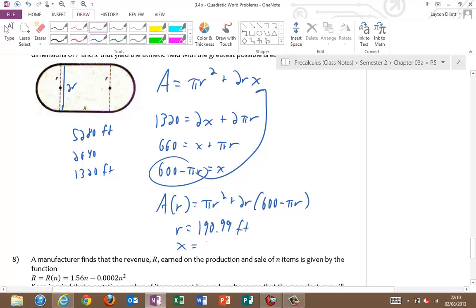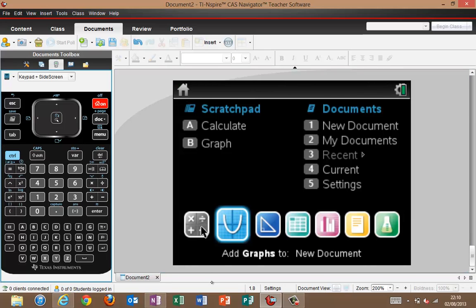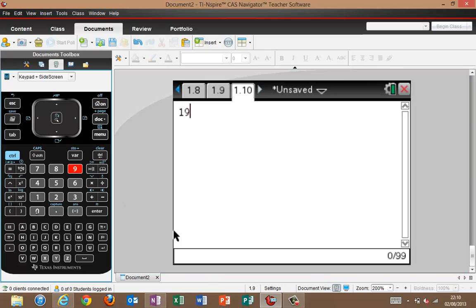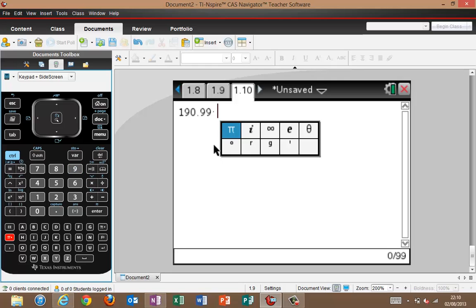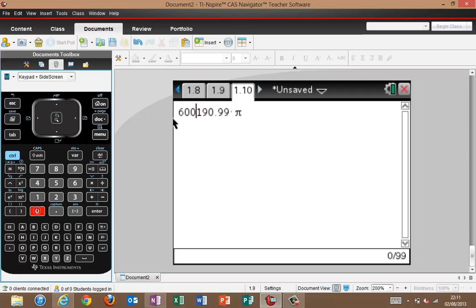And then x is equal to 600 minus pi times 190.99. So if I sort of say, all right, well, let's go back to a calculator, and 190.99 times pi. Then I wanted to do 600 minus that.